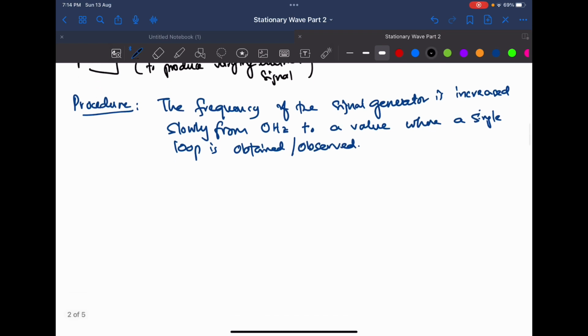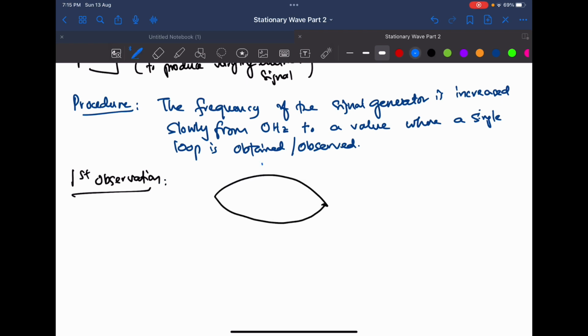Okay, so the first observation, you see a loop like that. The length is L, and this will be antinode, this will be node, and this will be node.